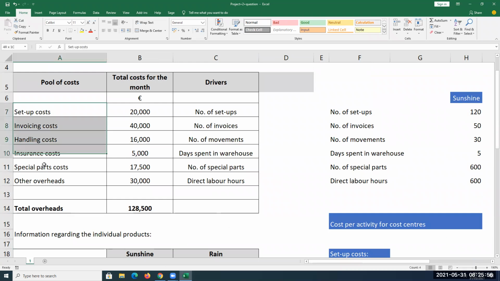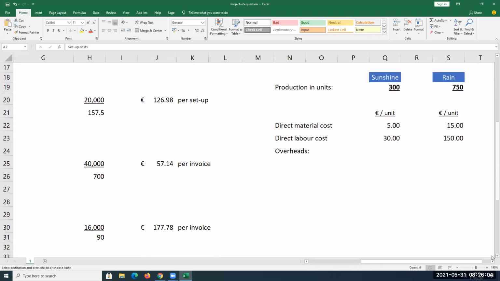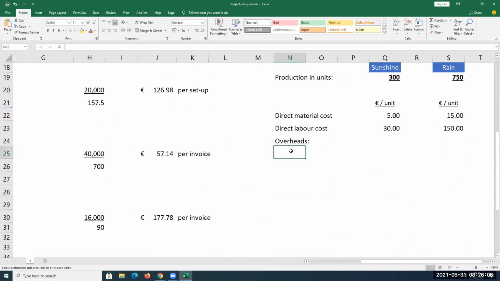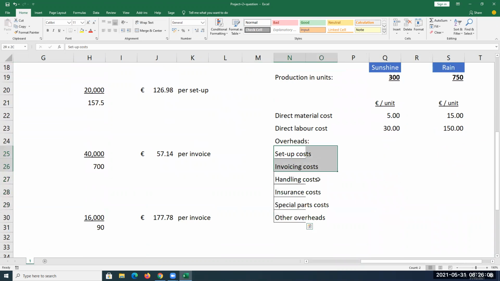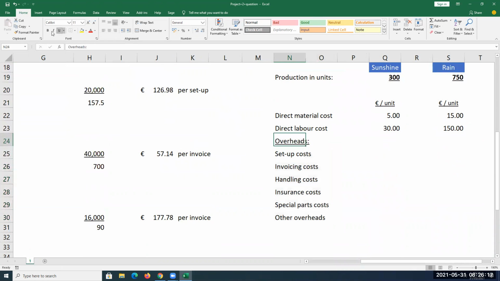So I can copy this information. I can bring it here. Okay. Now I will go very slowly so that you can understand these calculations.